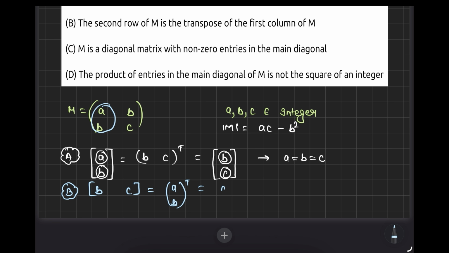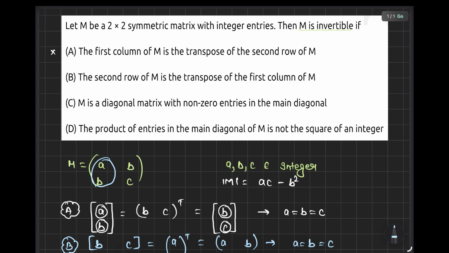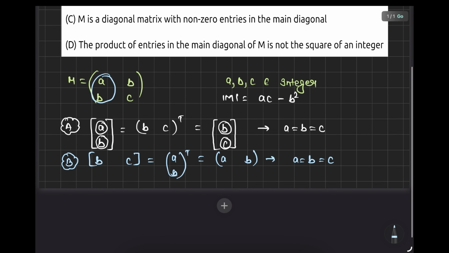So I will do transpose, so it will become A and B. So B will become A, C will become B. So again in this option also A equals B equals C, and you know that if A equals B equals C, this determinant will become 0. This means in this case also it will not be invertible. We have to find out the cases in which the matrix will become invertible. Okay, so option number B is also wrong.